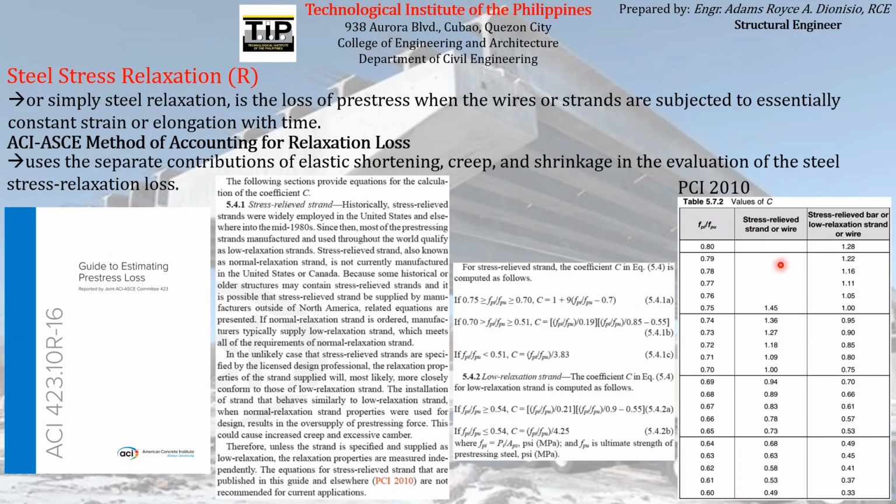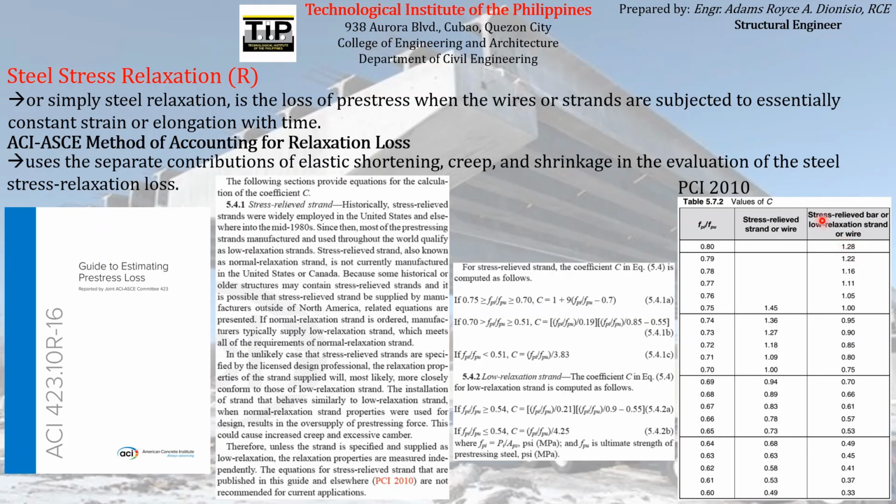PCI 2010 just pre-computed all of the values of C depending on the ratio of fpi and fpu. Say for example, if the ratio of fpi over fpu is equal to 0.8 for stress relief or low relaxation strand, the corresponding value of C will be equal to this 1.28.